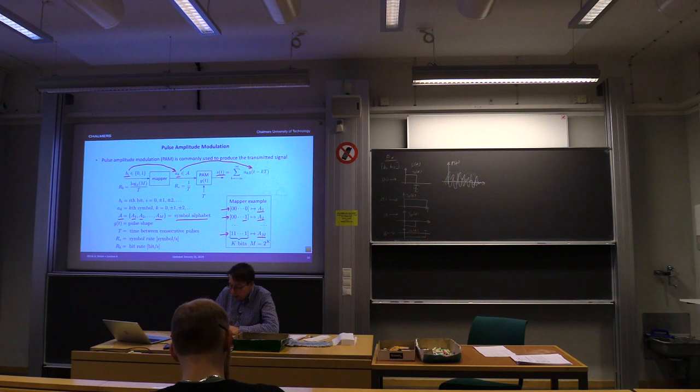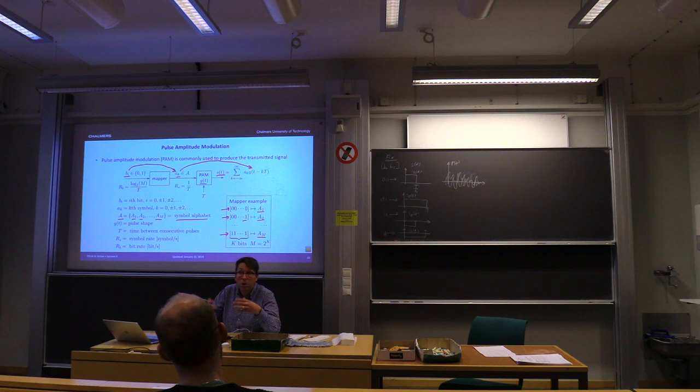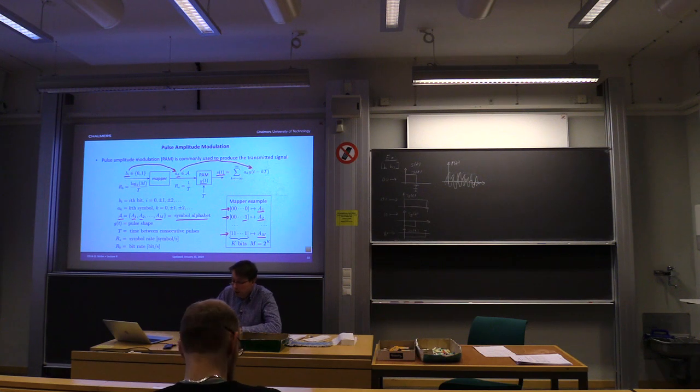In the pulse amplitude modulator block, the block is defined by a basic pulse shape that we choose, maybe a rectangular pulse or something else. Then every T seconds, it takes an input, an amplitude, and spits out that amplitude multiplied with the basic pulse shape.